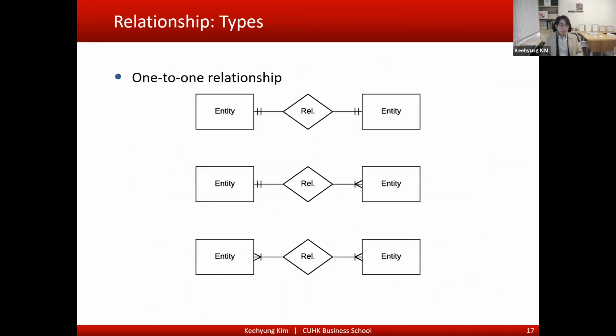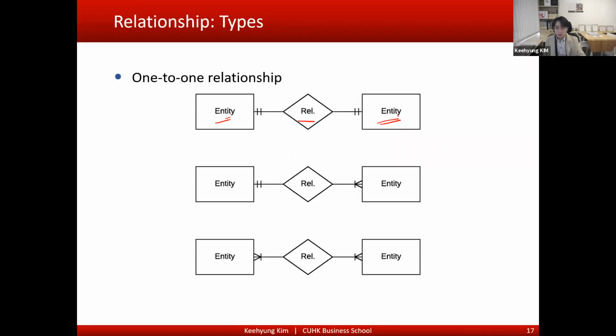Based on the maximum cardinality you have on each side of the relationship, we can call the relationship 1-to-1, 1-to-many, or many-to-many. Let me give you some examples here. Let's say that there are 2 entities connected using a binary relationship like this. There's a relationship connecting these 2 entities.